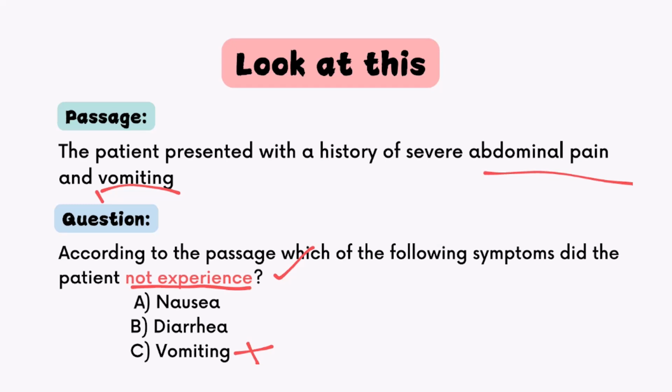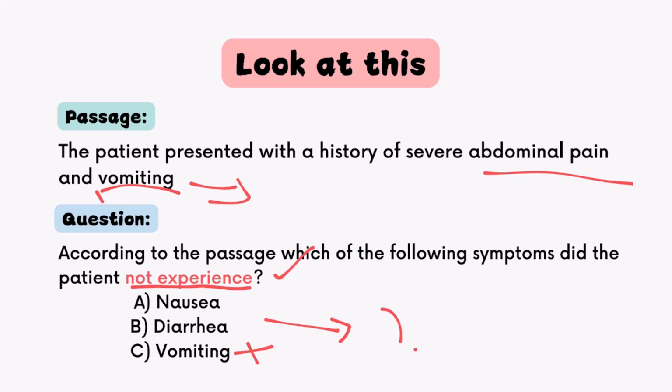So diarrhea is completely contradictory information because no related information has been given in the passage. But nausea is related to vomiting, right? Do you agree with me? Yes. First nausea occurs, then the vomiting will be there, right? So nausea is related to vomiting.